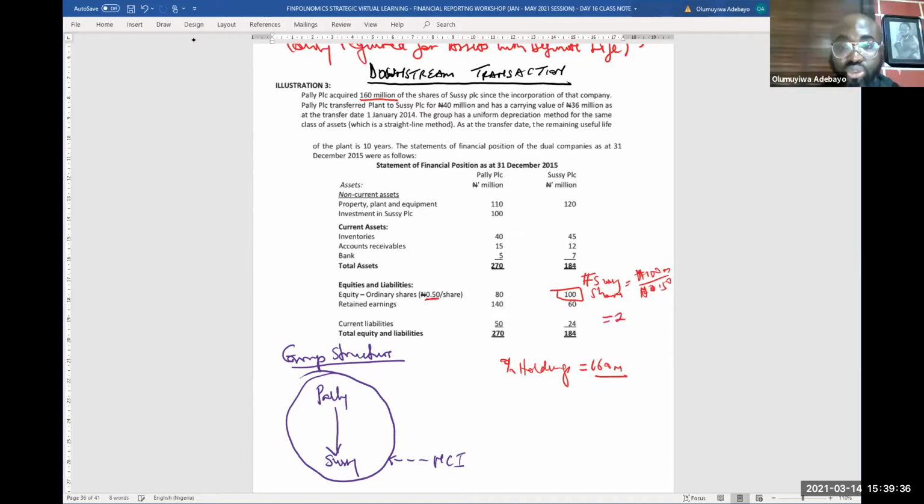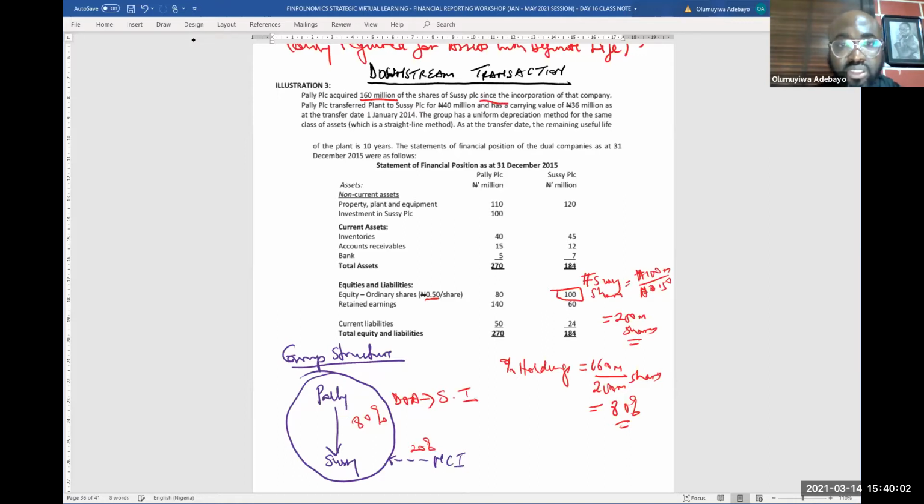That gives us what? 200 million shares. That is 160 out of 200 million shares, which will give us 80%. Therefore, I can come here to say this is 80% and this is 20%. Date of acquisition was since incorporation.